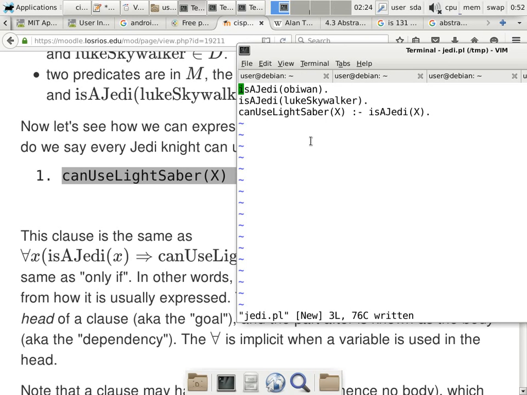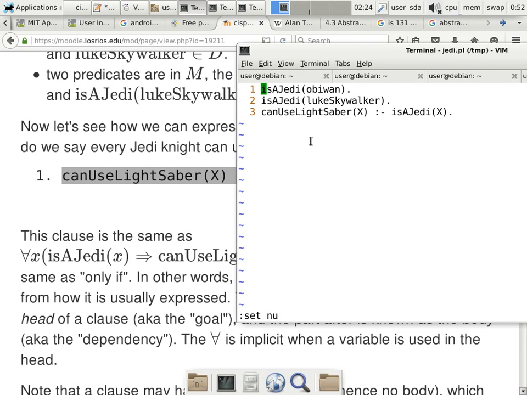In this case, I will turn on the line numbers so we can refer to them. Yes? Are you talking about that from the perspective of this class, or some other programming language? Not from this class. After all, predicate calculus is the mathematical foundation of Prolog.